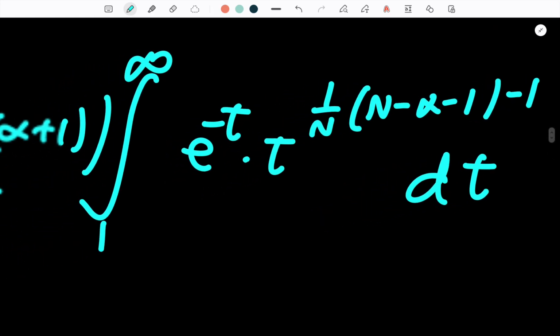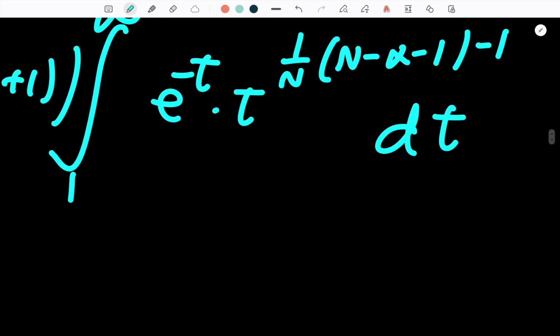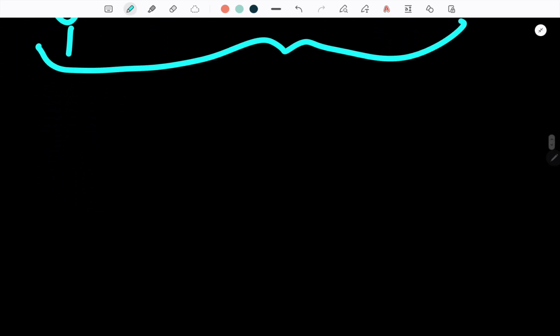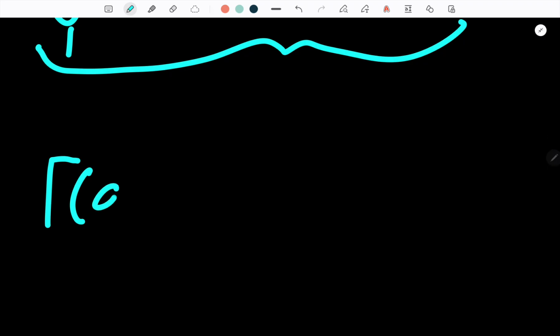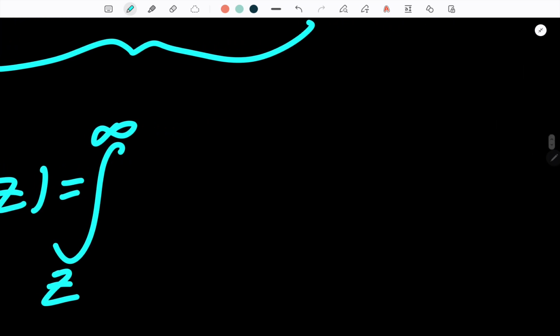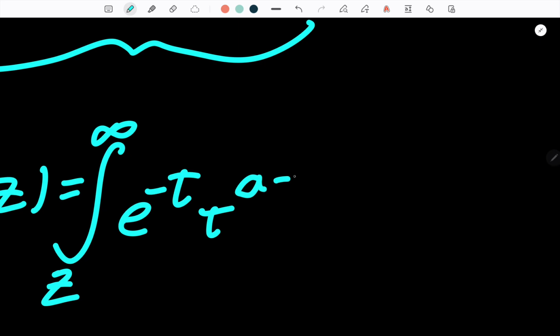Okay. Now, this integral looks very similar to the incomplete gamma function. Now, the incomplete gamma function is going to be gamma of a comma z, and this is going to be equal to the integral from z to infinity of e to the negative t times t to the a minus 1 dt.